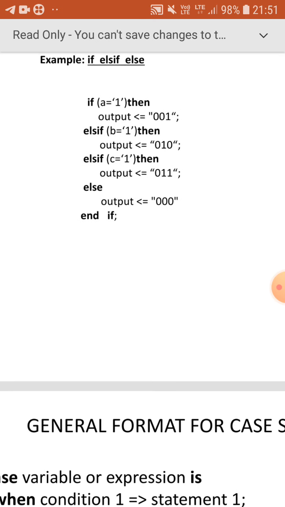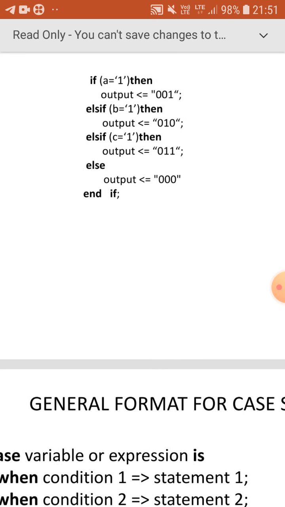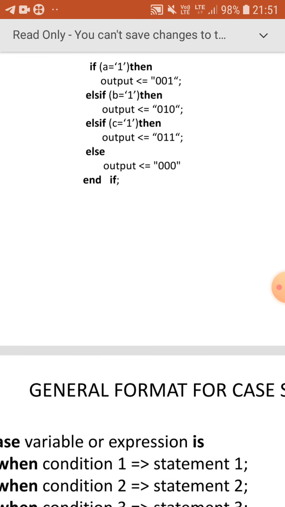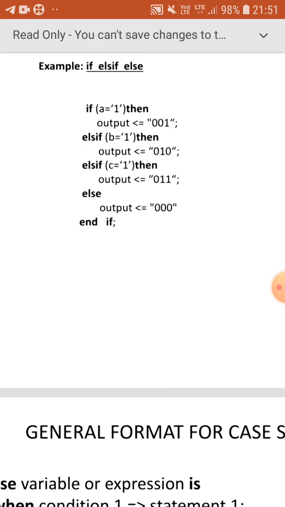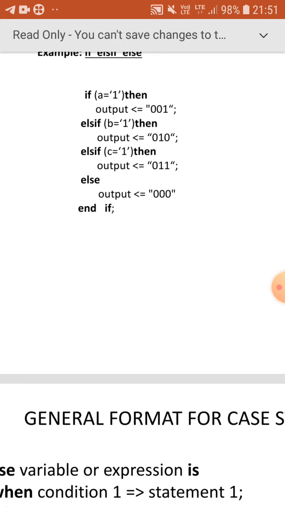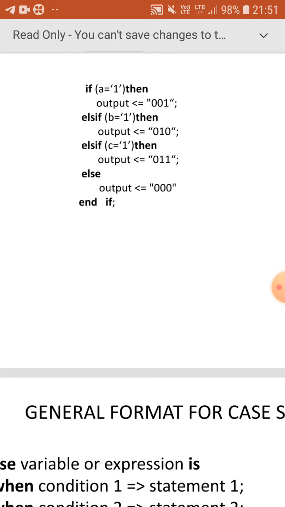the second condition is false, it goes to next else if statement. It will check whether c is equal to 1. If c is equal to 1, then 0, 1, 1 is assigned to output. If c is not equal to 1, that means the condition is false.